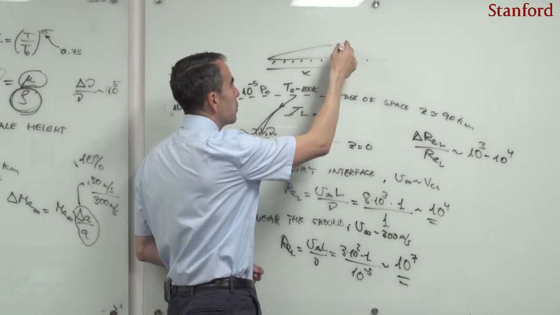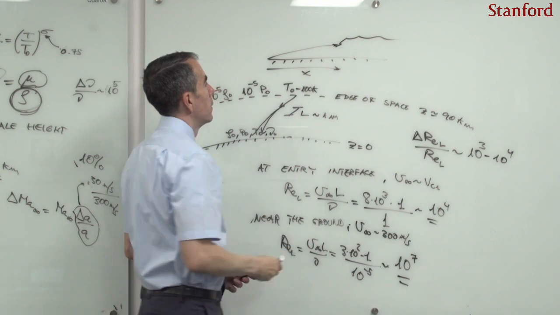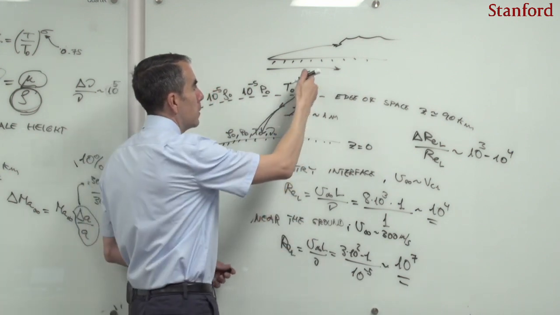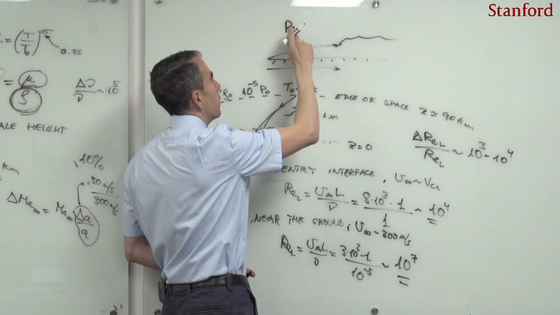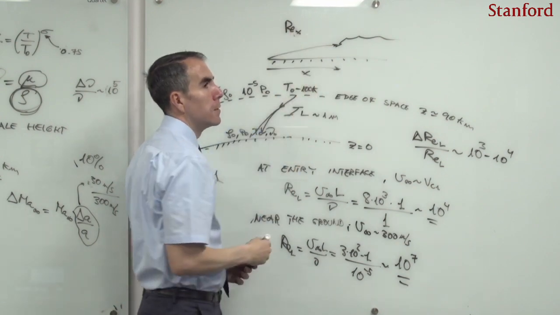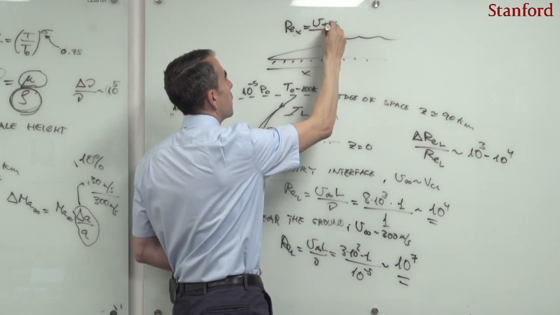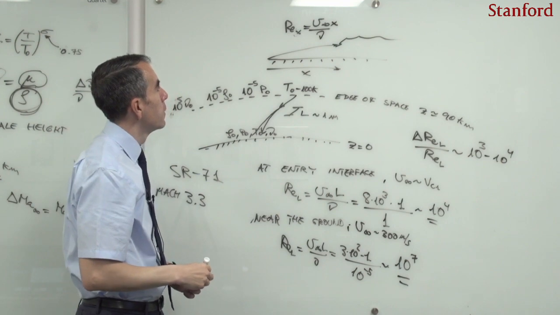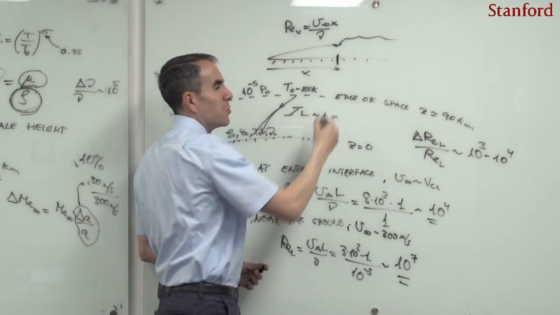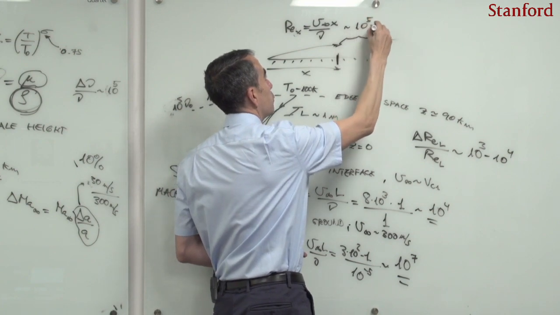And can transition naturally, and this leads to turbulence here. Well, this critical x is typically defined as a Reynolds number based on x, which is just u infinity multiplied by x and divided by nu. This Reynolds number at transition tends to be of the order of 10 to the 5 to 10 to the 6.